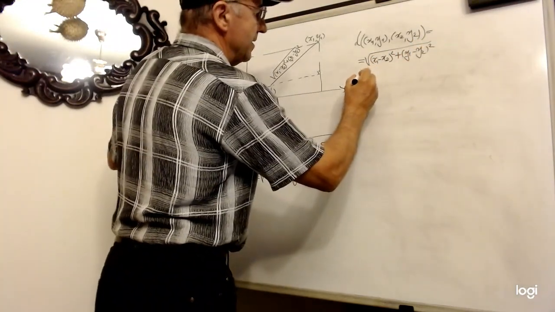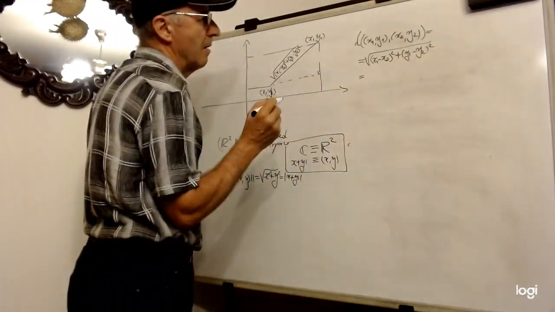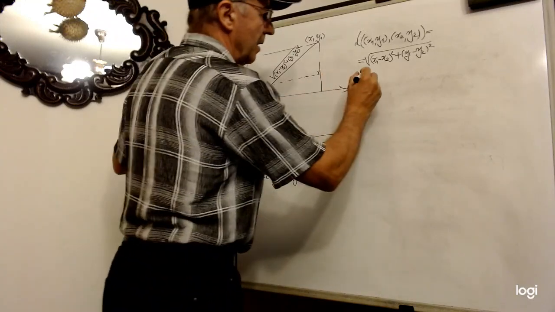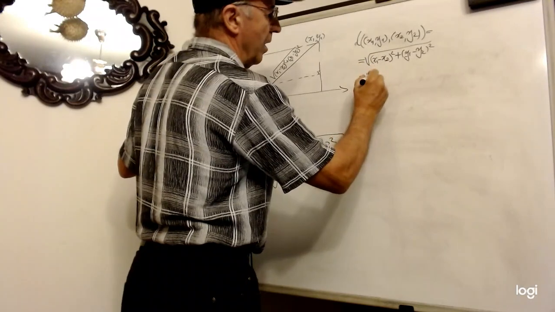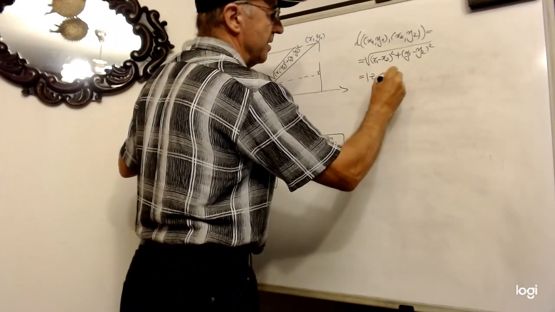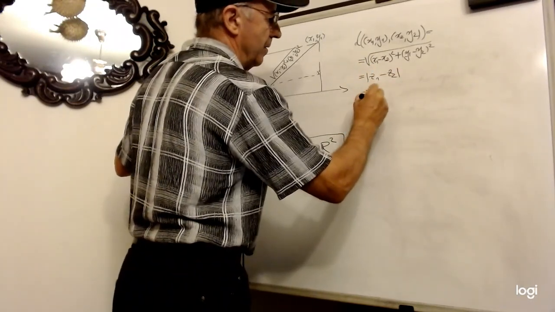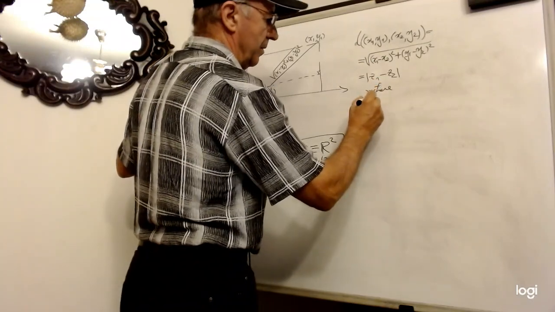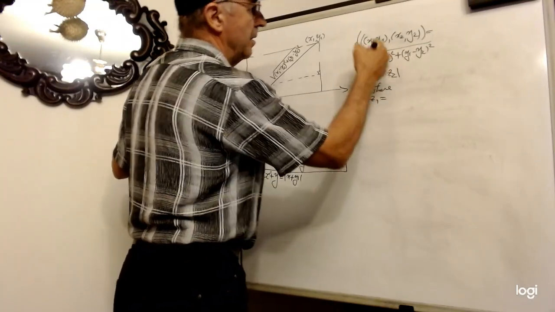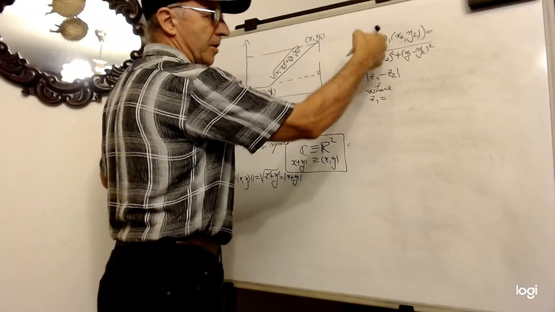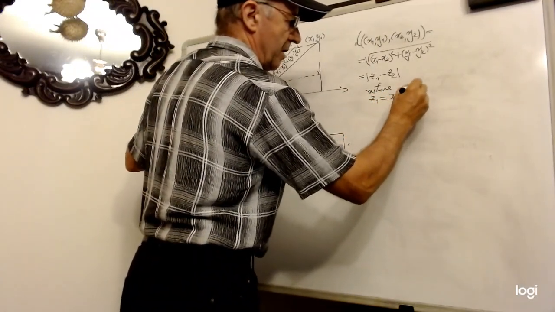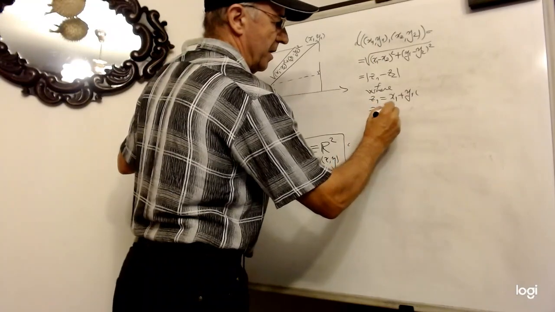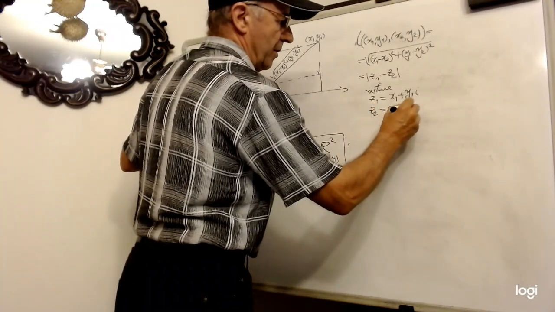But this is exactly the modulus of z1 minus z2, where z1 is the complex number corresponding to this vector, x1 plus y1 i, and z2 is x2 plus y2 i.